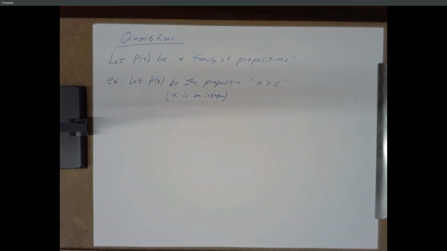So depending on the particular value of X, each proposition P of X could be true, could be false. And this one symbol, P parentheses X, represents, in this case, an infinite number of propositions. P of 1 is the proposition that 1 is bigger than 5. P of 10 is the proposition that 10 is bigger than 5. And if X can be any integer value, I've got an infinite number of propositions here.